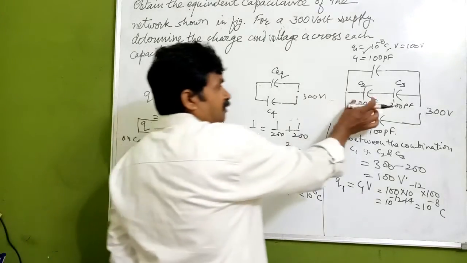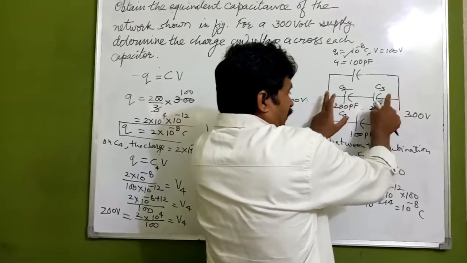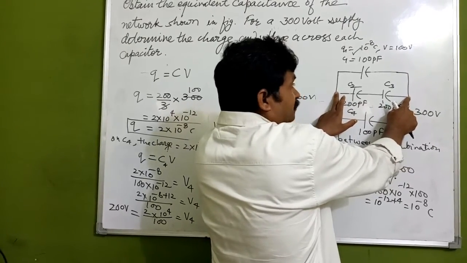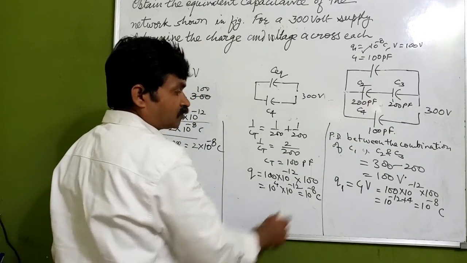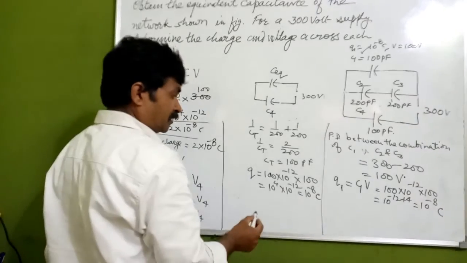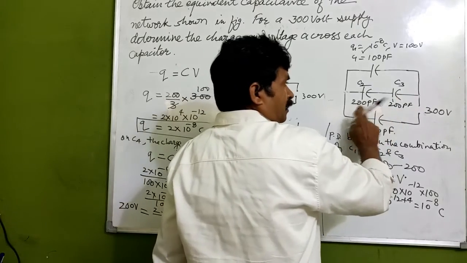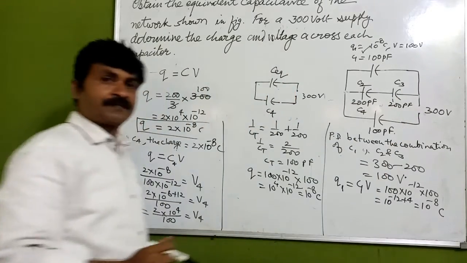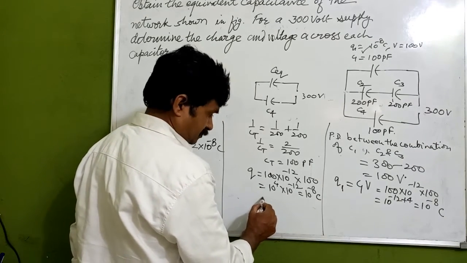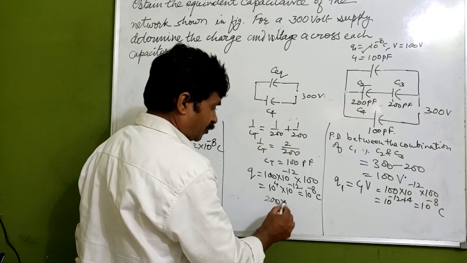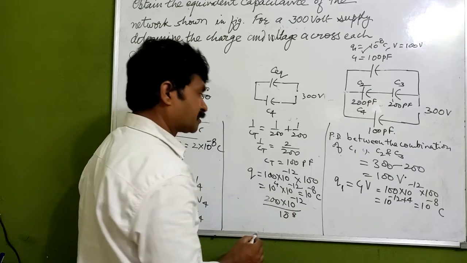Now the potential across C2 and across C3, that we have to calculate. Both together have 100 volt, and the charge is Q equal to 10 raised to the power minus 8. Both have the same capacitance, 200 picofarad. So Q is equal to C into V, and V is 10 raised to the power minus 8 divided by 200 into 10 raised to the power minus 12.